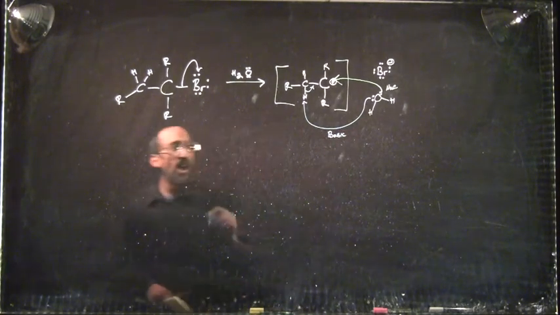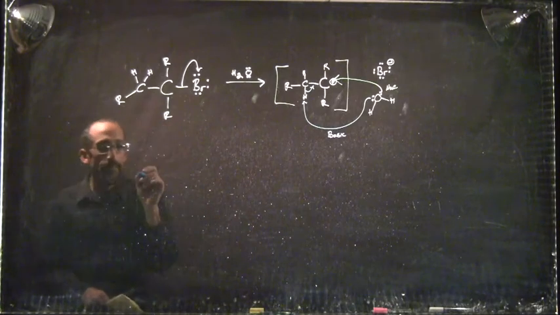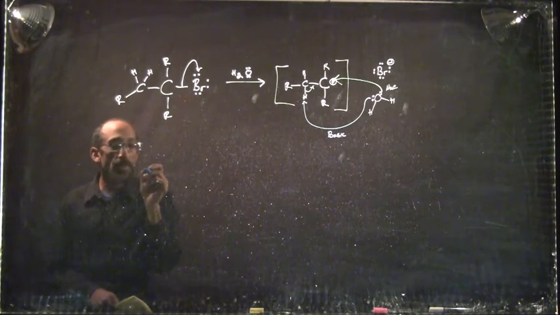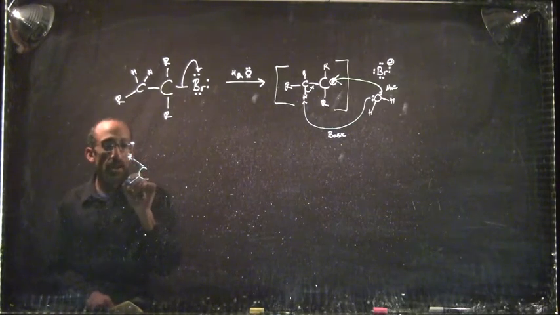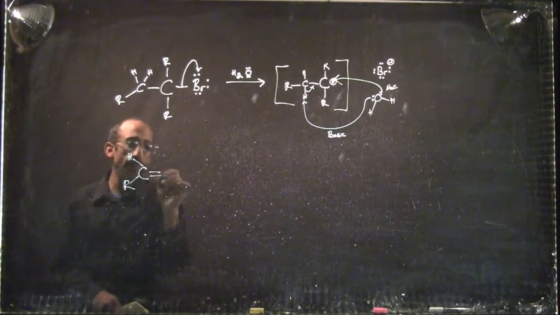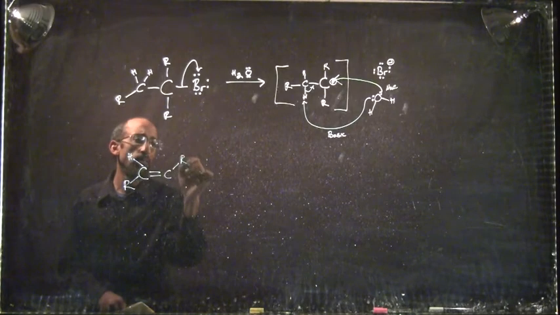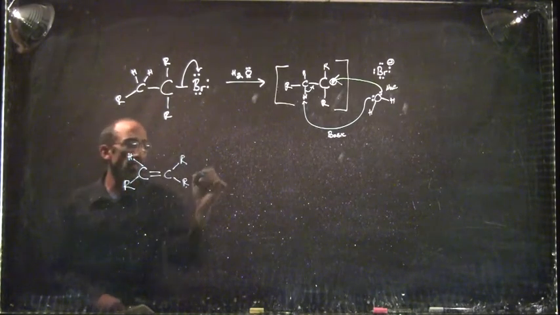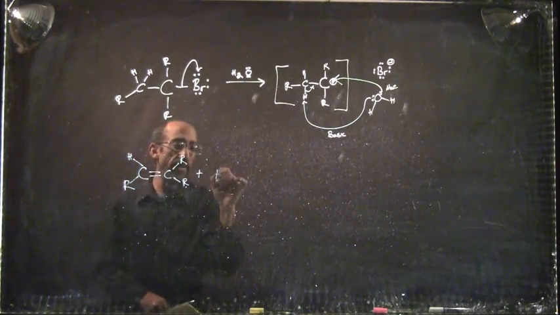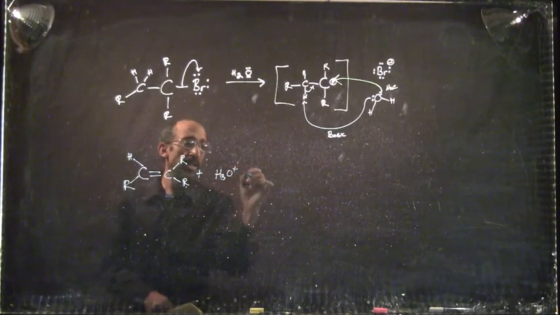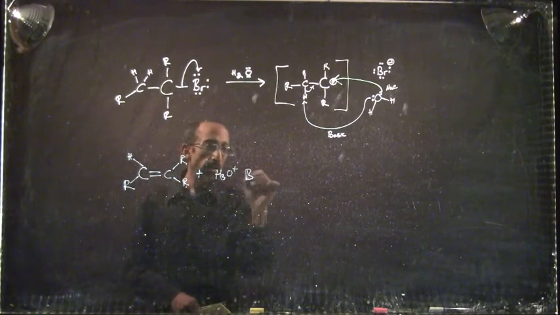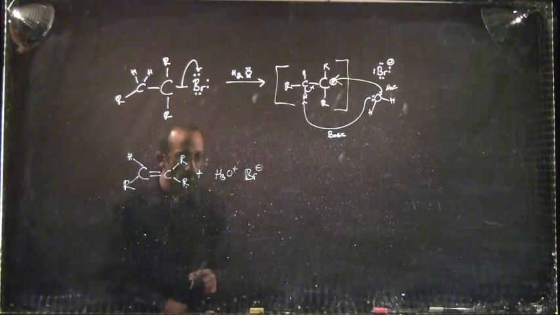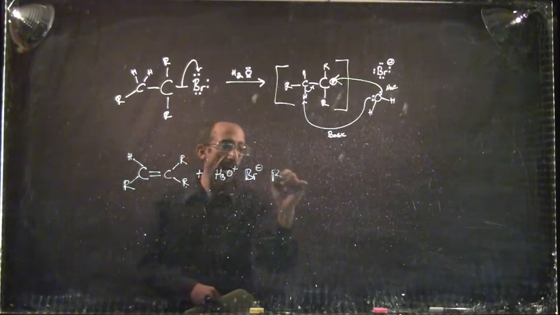The product of our basic pathway is the alkene that we're hoping to form. So here now is the product of our basic pathway, or the products: we're going to end up with H3O plus and Br minus. So this is from our basic path.